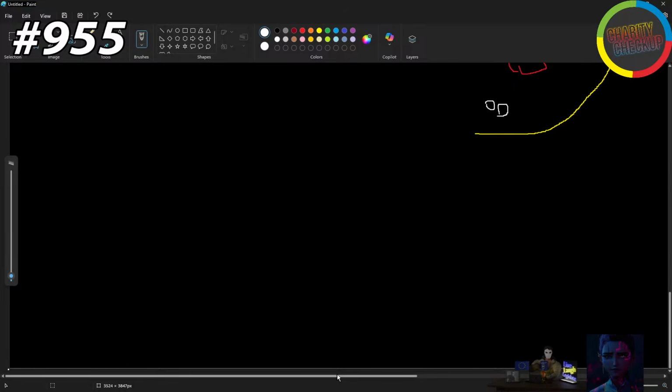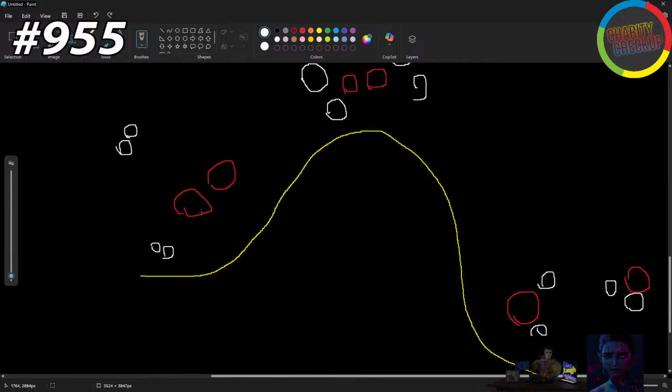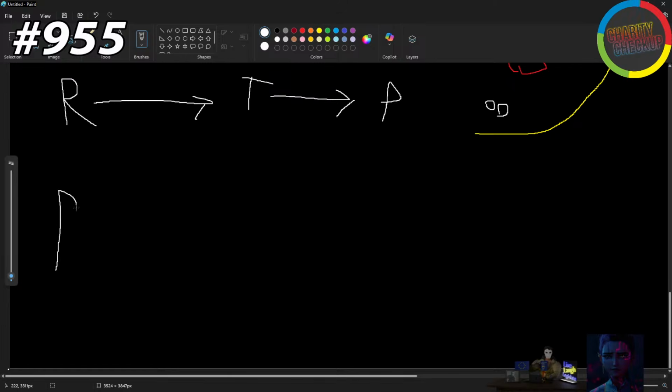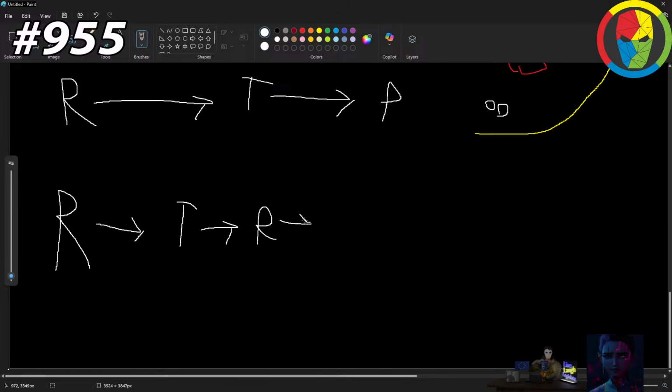In the same way, if you start with oxygen and hydrogen gas, and you end up with water, what could have happened is you start with the reactants, they turn into a transition state, they turn into the product. Or you start with the reactants, they turn into the transition state, they turn into reactants, they turn into the transition state, they turn into the product.